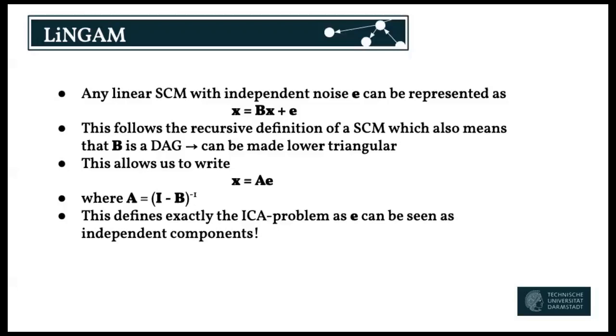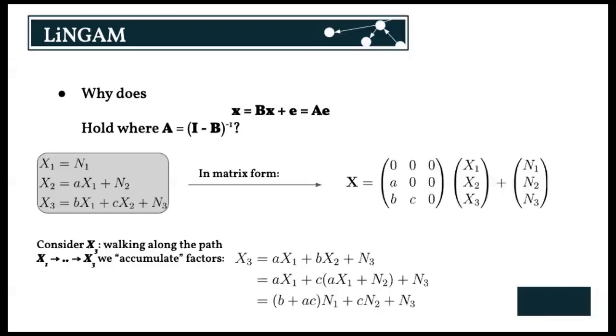In this case, this would just be a weighted adjacency matrix, and this allows us to write the data X, or our variables X, only in terms of noise variables. And it happens to be the case if we set A to be the identity matrix minus our matrix B, which defines the causal structure in a sense, inverted.